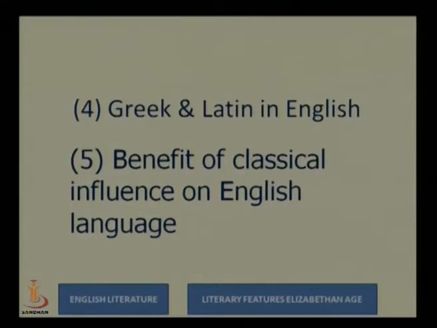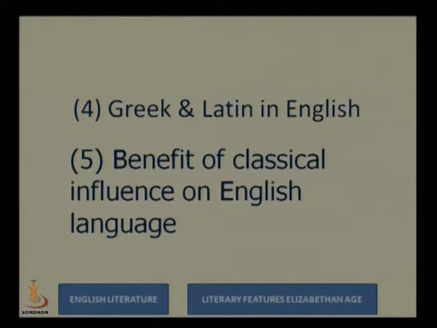Their fascination or their passion for learning the classical languages and bringing in literature from the other classical languages into English made a major feature which can be reflected in the works of this period. Therefore, university wits play a very major role.